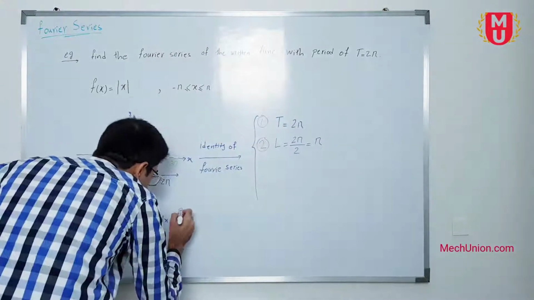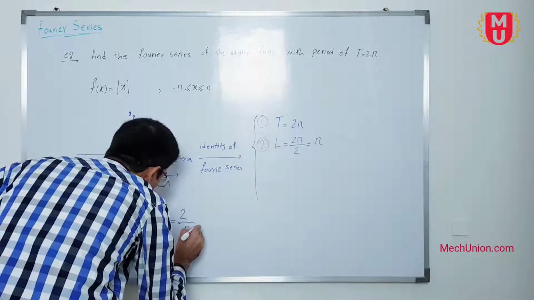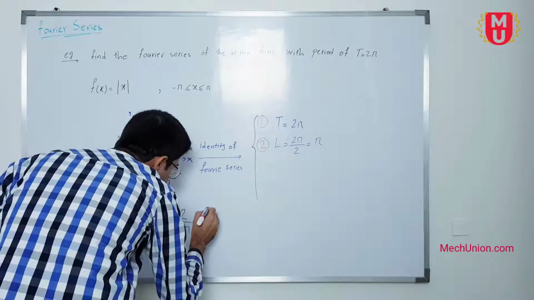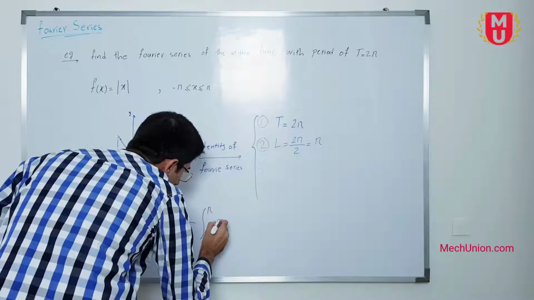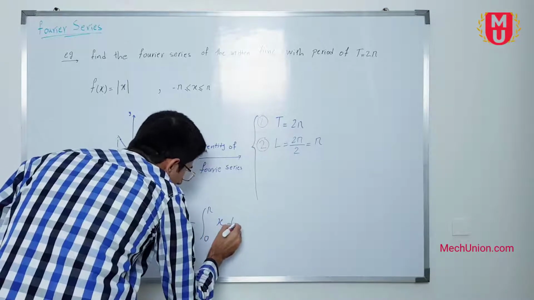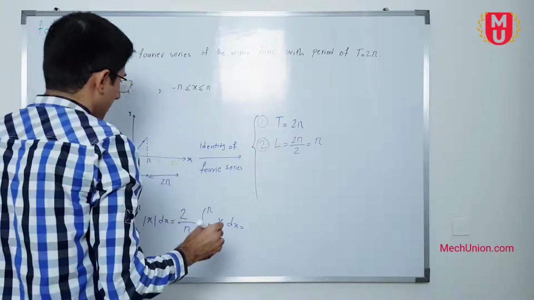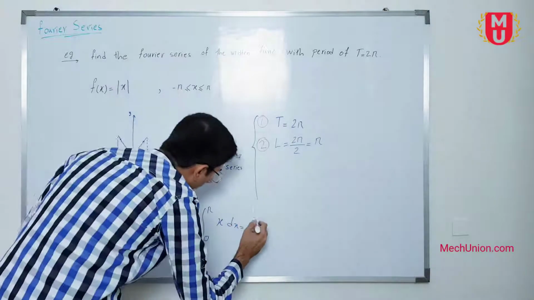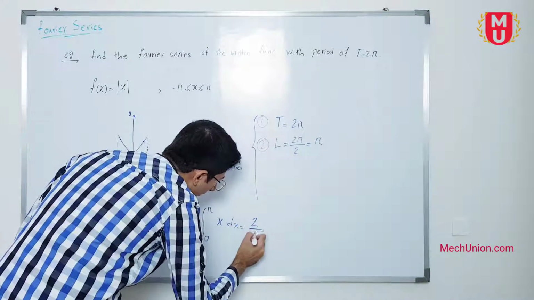Okay, we'll have 2 over pi integration from 0 to pi of x dx. If we integrate this, we will have 2 over pi.